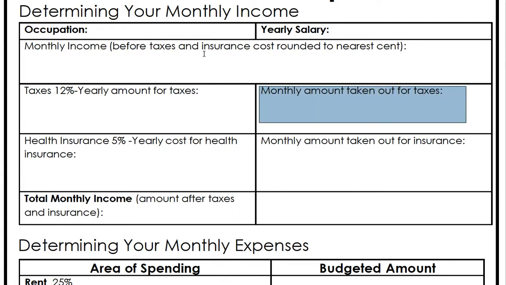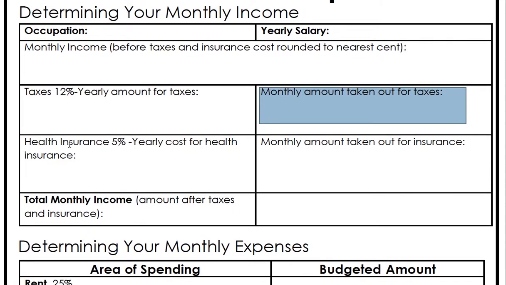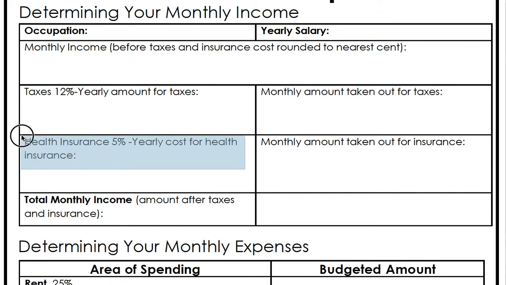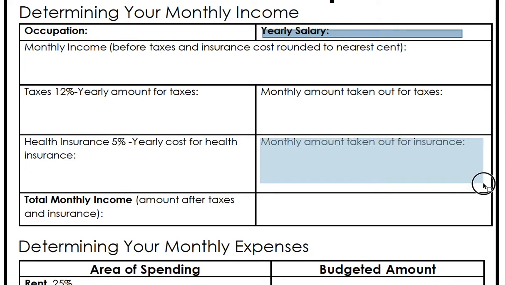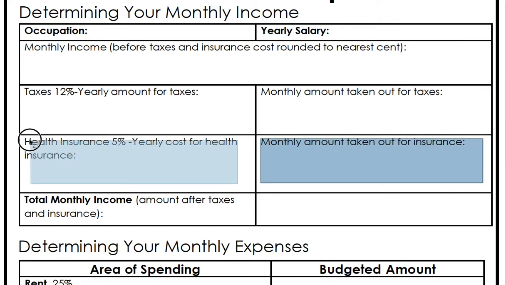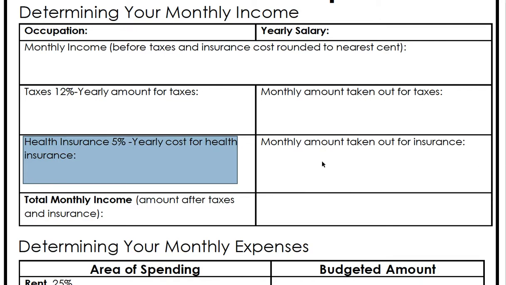So that's what you're doing all the way down here, is you're calculating what is 5% of my yearly salary, and then what is divided by 12 for this 5% to get the monthly amount.